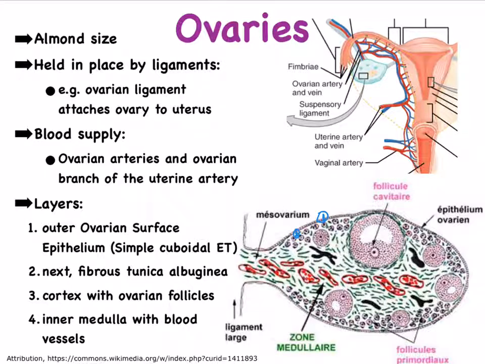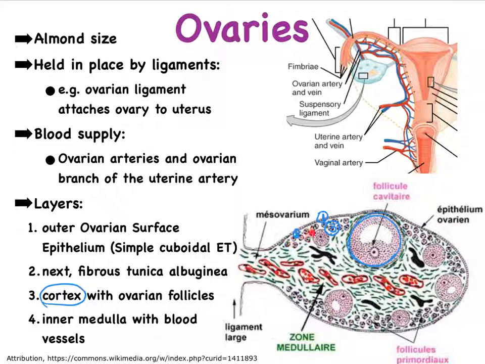I'm actually already starting to go into layer number 3, because where you see all of these follicles, small and big, even a very big one here, those are located in the cortex. And then finally, where you see all of these blood vessels in particular, that is going to be referred to as the medulla.